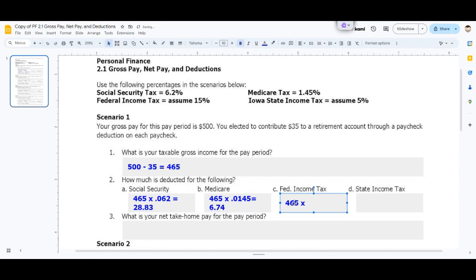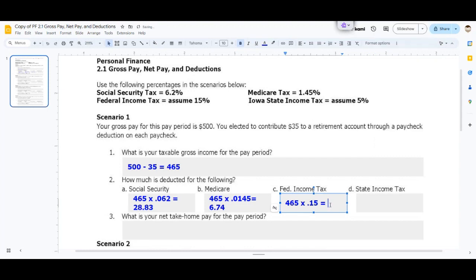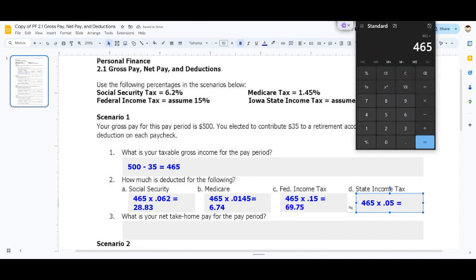All right, for federal income tax, we're going to multiply it by 0.15. And that's 69.75. And then for state income tax, times 0.05. All right, 465 times 0.05 is 23.25.